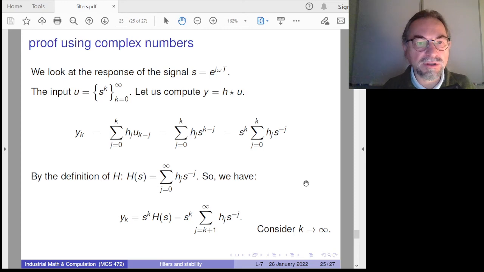So with hindsight, let's start with this e to the power i omega t, and let's see what the filter does to this signal.